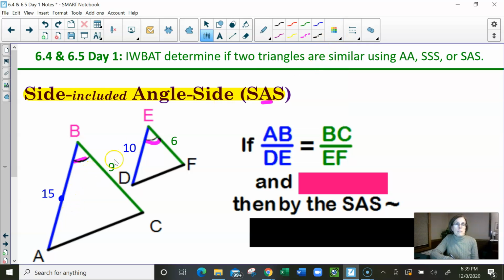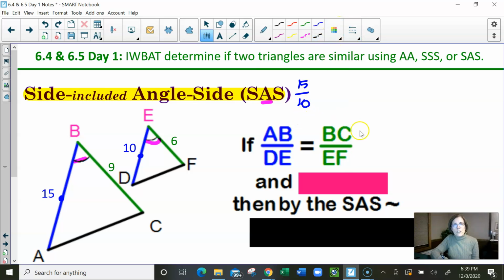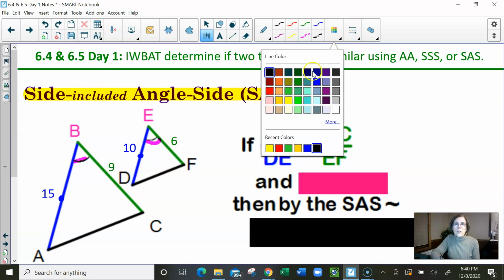AB and DE are corresponding sides, so let's show their ratio. If we're going to reduce the ratio so that we can compare it to the ratio of BC to EF, how can we simplify this? What would we divide top and bottom by? We can divide top and bottom by 5. Tell me what my reduced ratio would be.